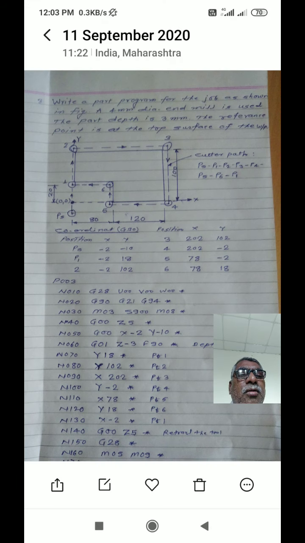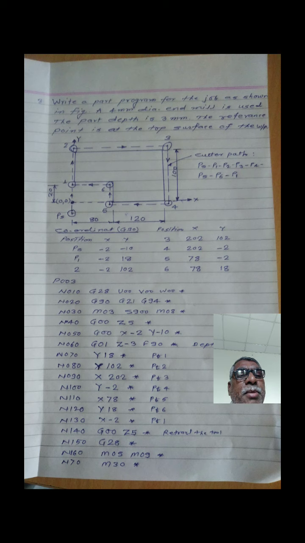Is it okay? First, you have to move the tool along the vertical axis, that is the Z axis, 5 millimeter above the workpiece surface, so that it should not touch the workpiece surface while moving the tool from the machine reference point to PS.